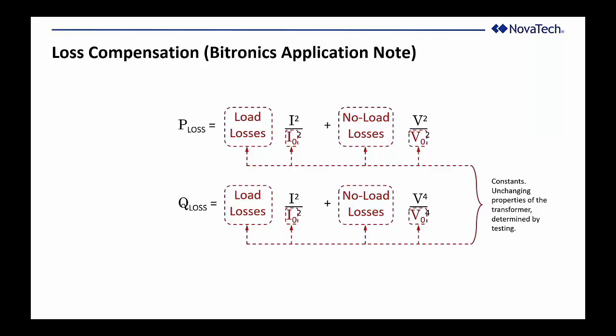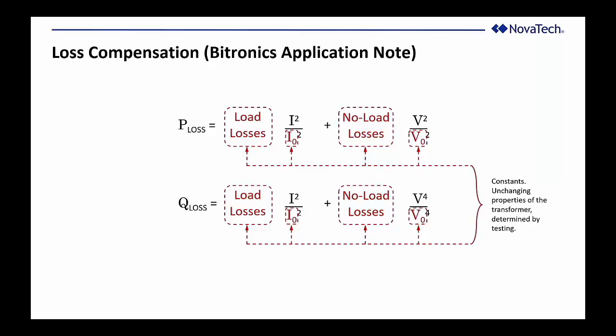Those are values that are either on the nameplate or derived from figures given to you by the nameplate. And the maximum rated current and the nominal voltage are also constant. It's the value that the transformer is rated for, so they don't change.